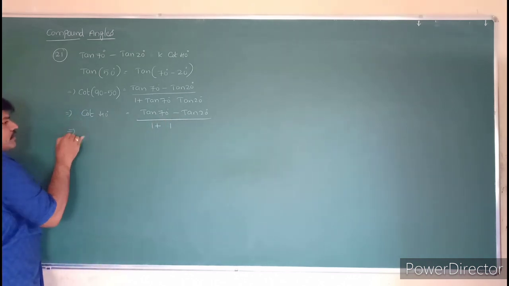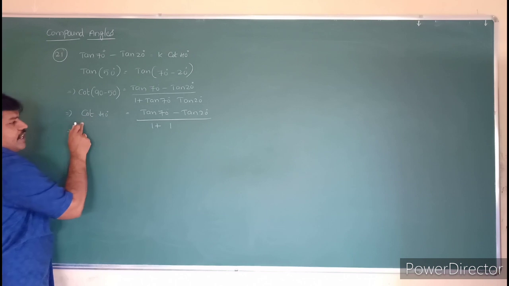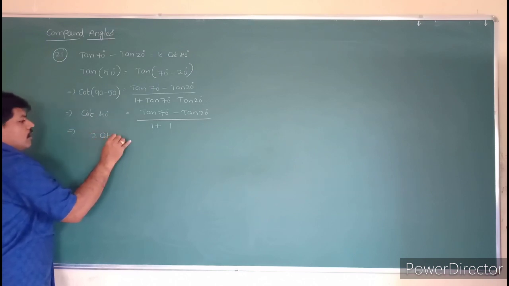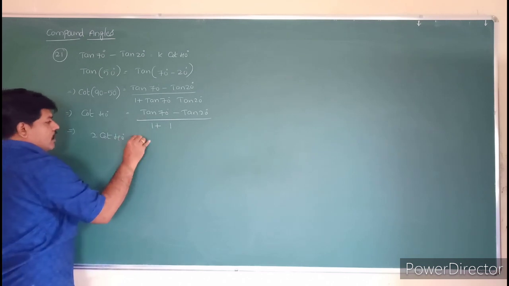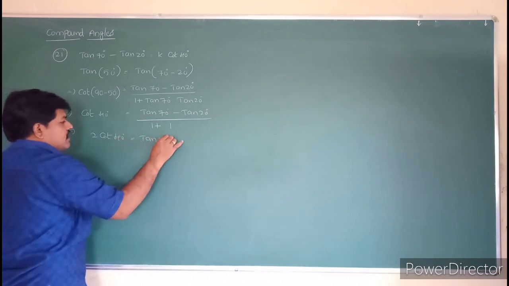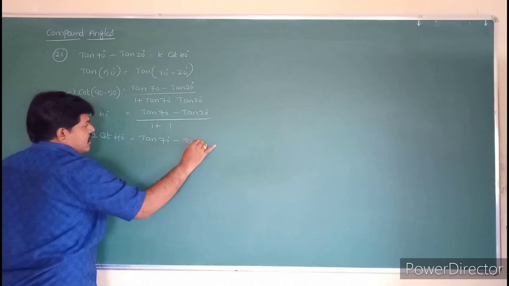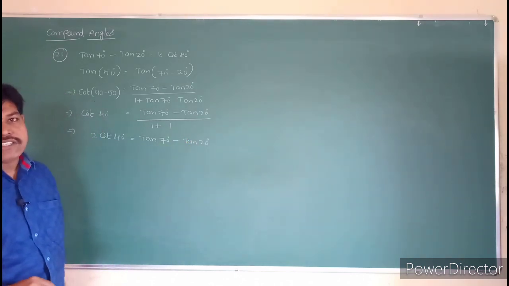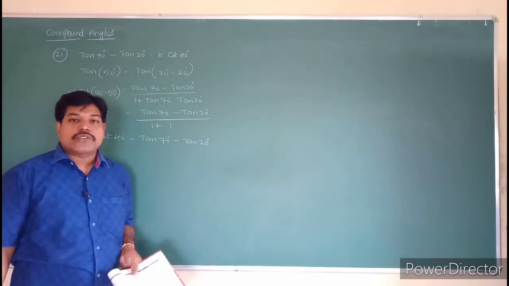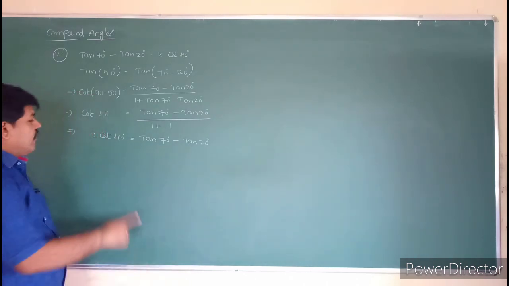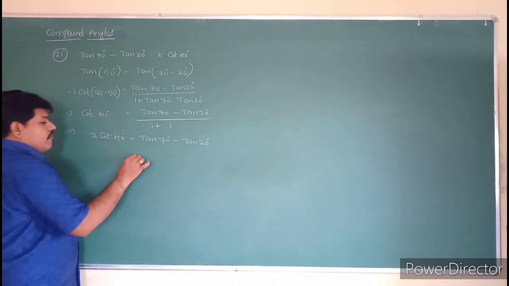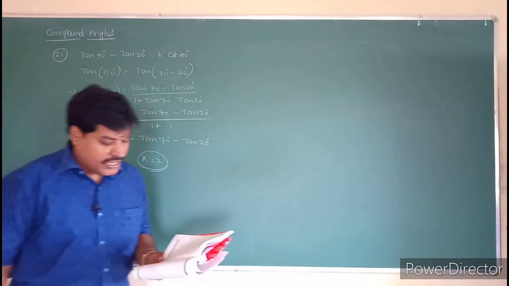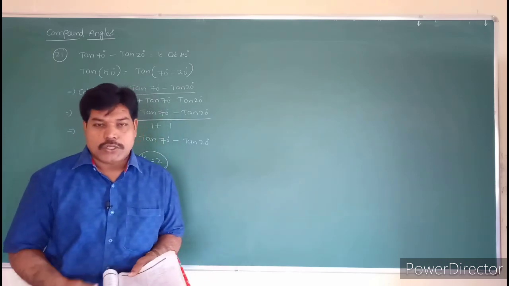So that implies, take this 1 plus 1 is 2 to this side, it will become 2 cot 40 degrees equal to tan 70 degrees minus tan 20 degrees. So what is the answer here, students? What is the k value? The k value is 2. Compare that with the given condition, you get the answer. k is equal to 2.